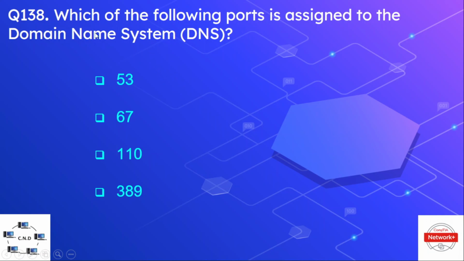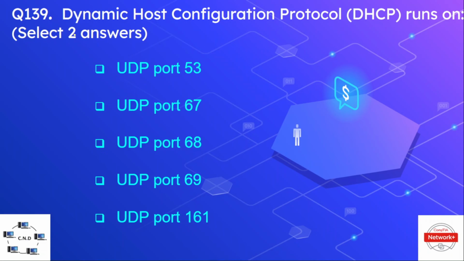Question number 138 is which of the following ports is assigned to the DNS or domain name system, and the options are 53, 67, 110 or 389. And the correct answer is 53. Question number 139 is that the dynamic host configuration protocol, that is DHCP, runs on, and we have to select two answers.